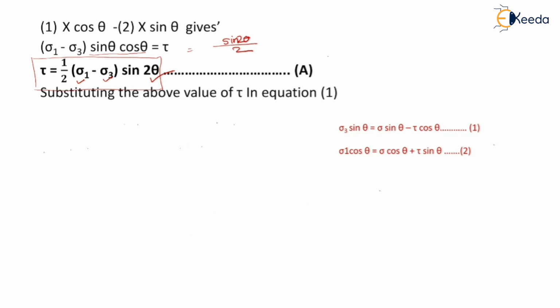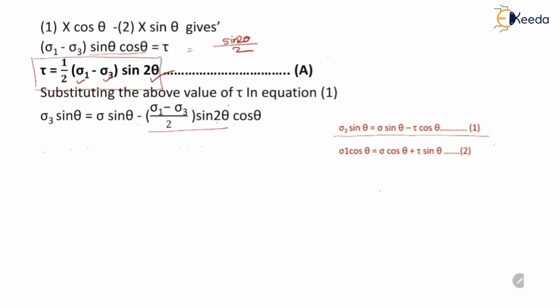Now substituting the above value of tau in equation 1, we can get sigma 3 sin theta equal to sigma sin theta minus sigma 1 minus sigma 3 divided by 2 sin 2 theta, it is replacement of tau, into cos theta. Now we can again write sin 2 theta divided by 2 as sin theta cos theta.